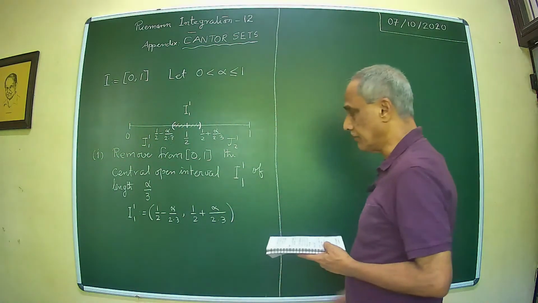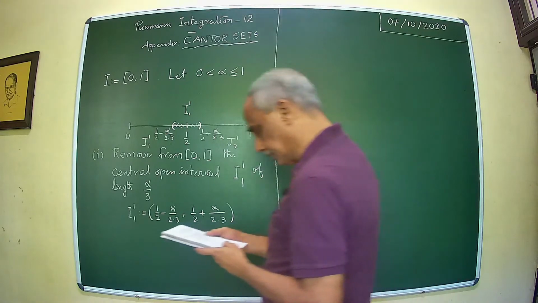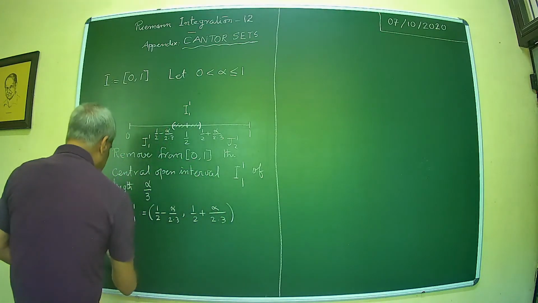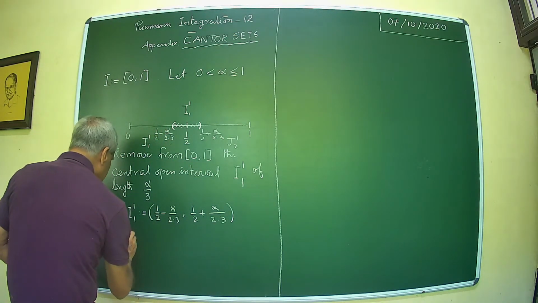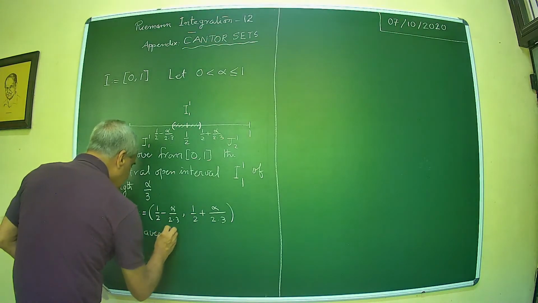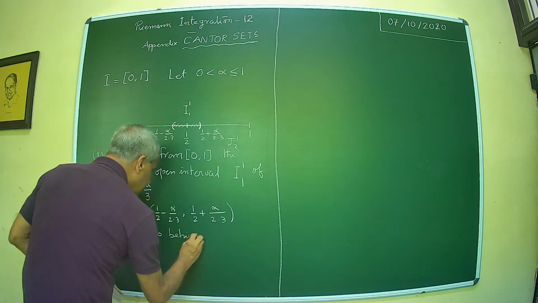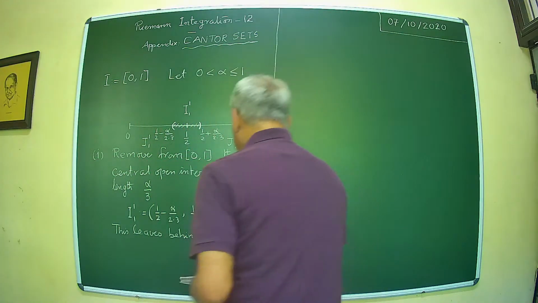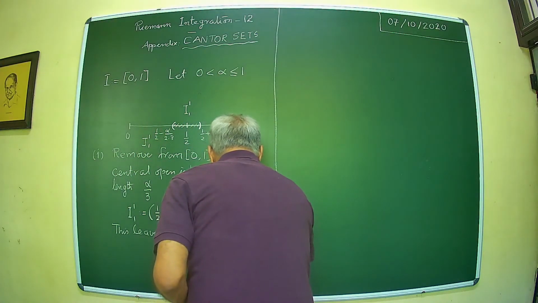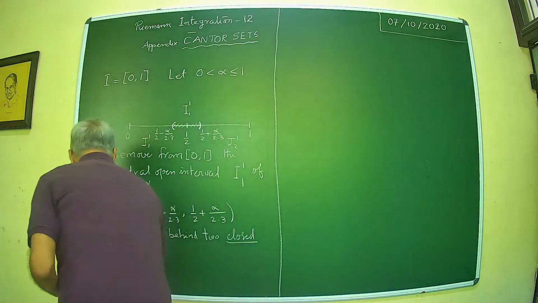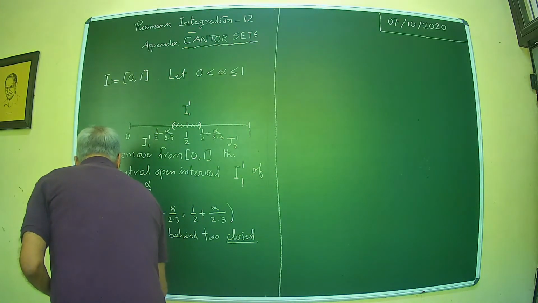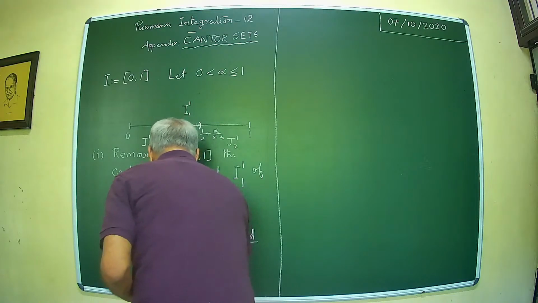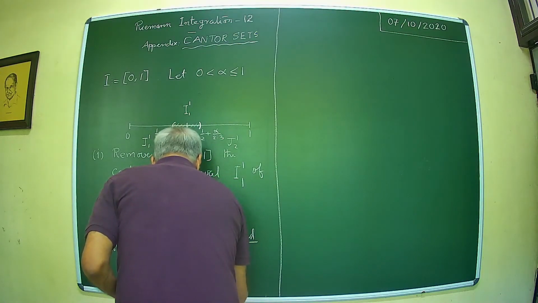So this is your I11 and the leftover is the following. So this leaves two closed intervals J11 and J12.